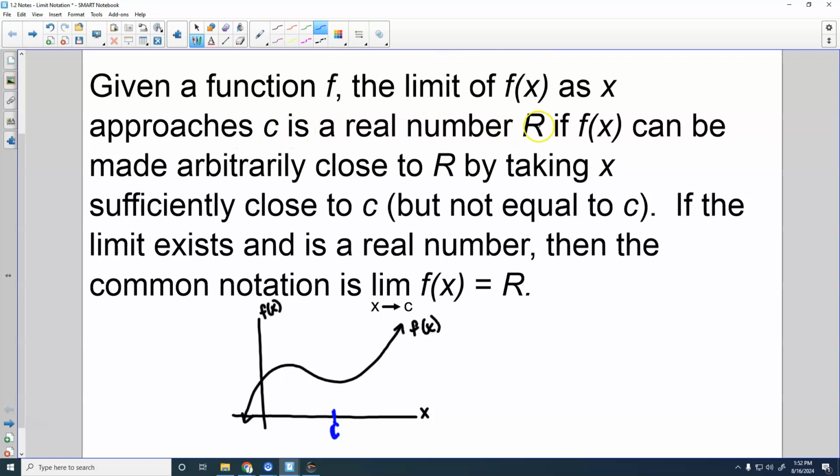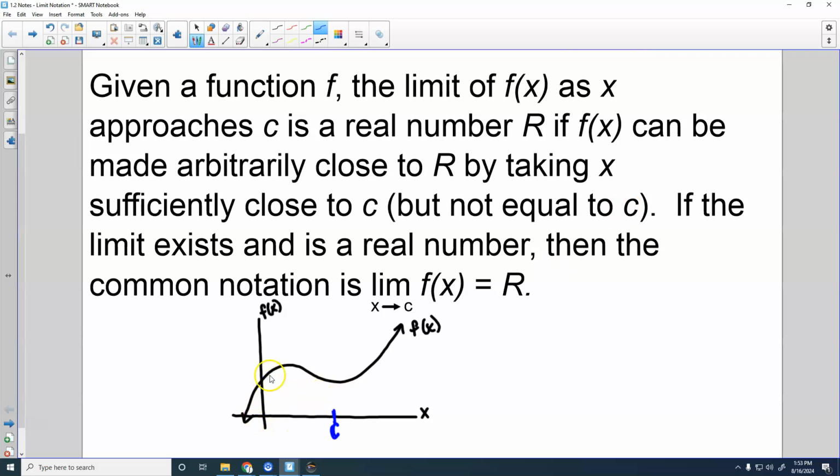It's a real number r if f of x can be made arbitrarily close to r by taking x sufficiently close to c. So what this means here is that this limit is going to exist if you take, let's see, when you take x sufficiently close to c, but not equal to c.